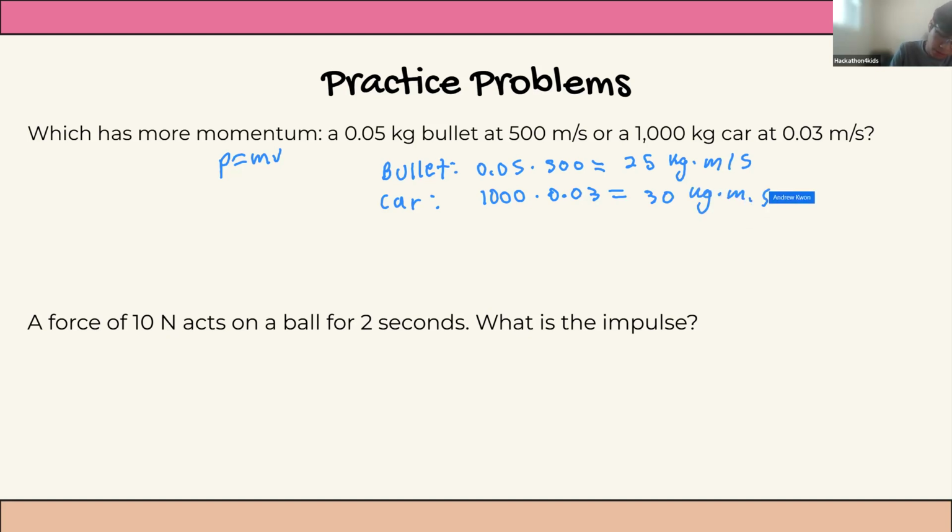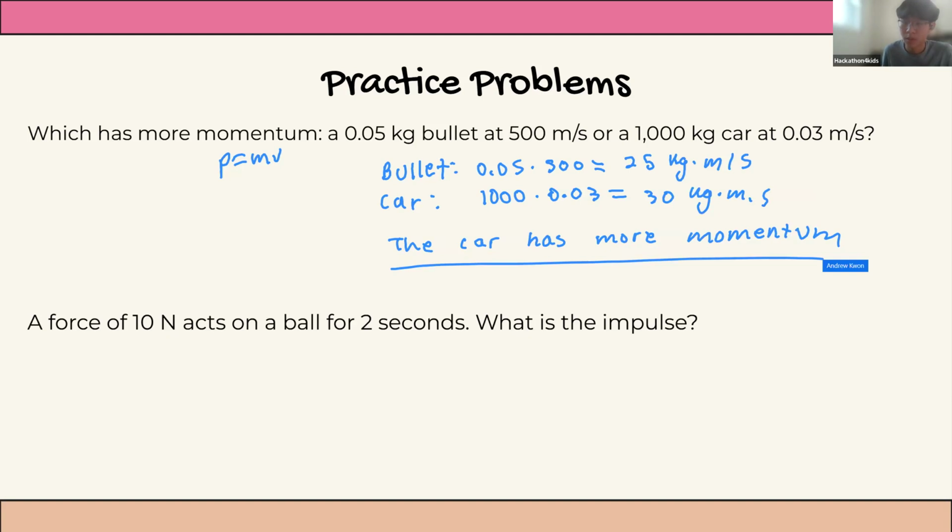So as some of you guys have said, the car has more momentum. Okay, we just compared both of them, and we know that 30 is greater than 25, so that's how we got our answer. Okay, yeah, all I had to do is just multiply mass by velocity, right?